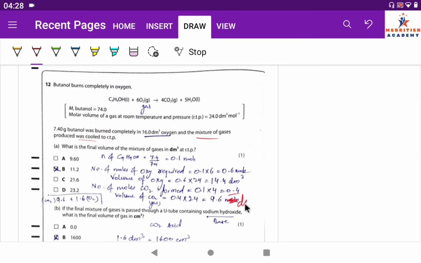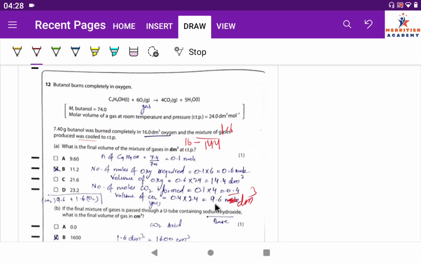Now we had already taken 16 decimeter cube of oxygen, but in the reaction only 14.4 is used. So how much oxygen remains? It is around 1.6 decimeter cube.